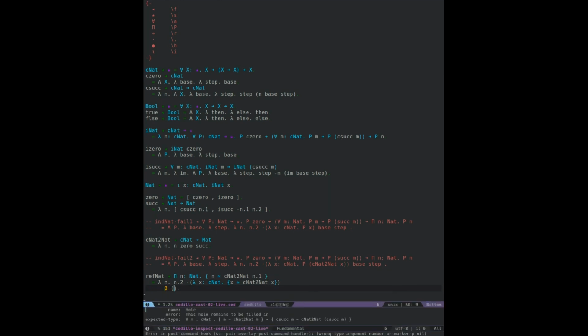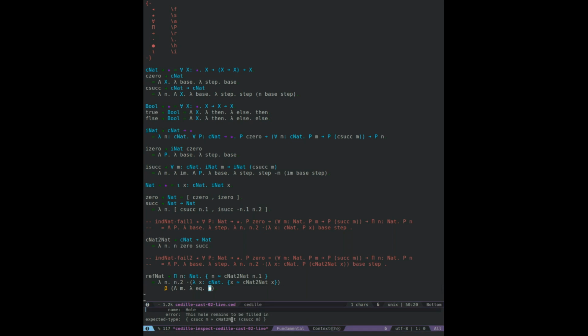To prove the step case, we can assume an m, an irrelevant m, and assume our previous case, that m is equal to CNAT2NAT m. And now we must prove that the successor of m is equal to CNAT2NAT of the successor of m. The successor of m is equal to the successor of m after having been converted to another natural number.